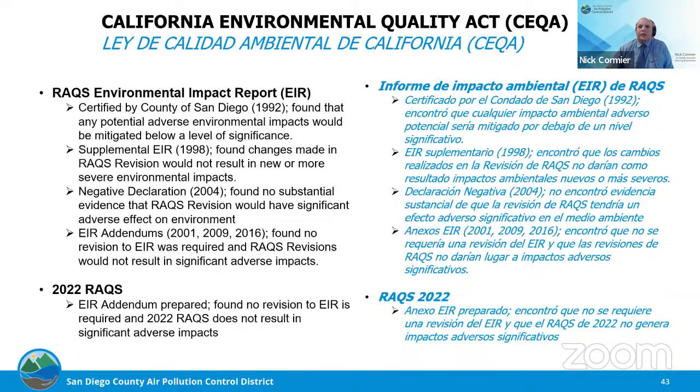Several supplements, negative declarations, and EIR addendums have followed that analysis whenever the RACS has been updated, with all finding that no substantial impacts would result because of the RACS or that no EIR revision is necessary. The 2022 RACS EIR addendum comes to the same conclusion, that no revision to the EIR is required because no significant adverse impacts are anticipated.